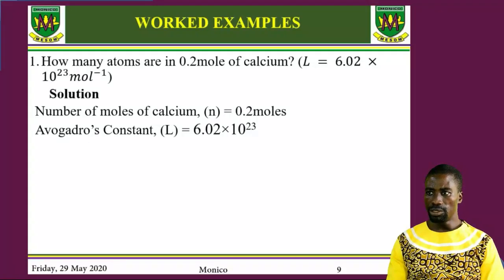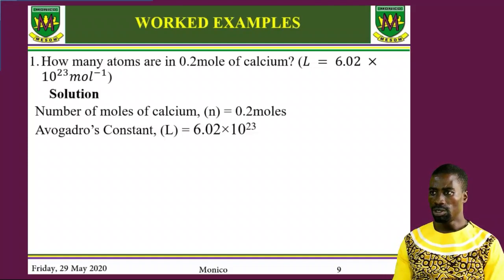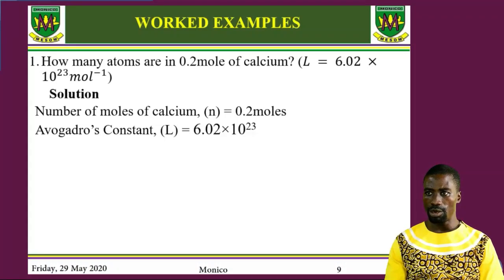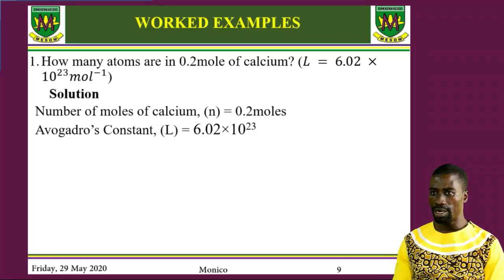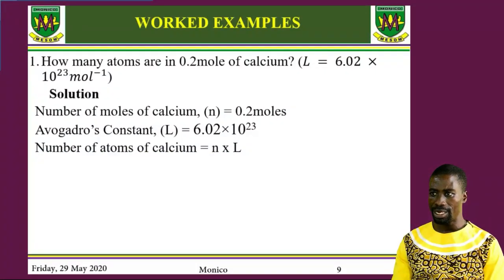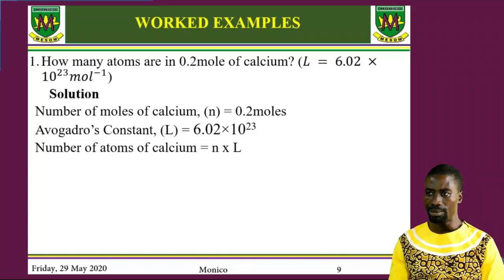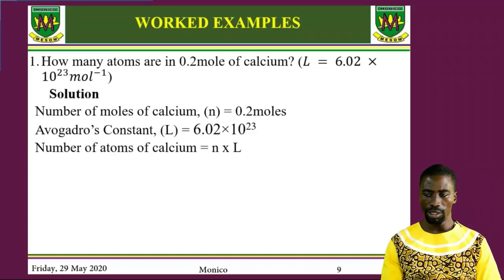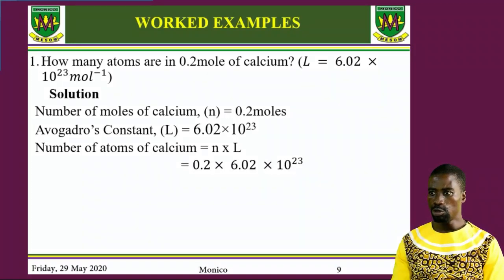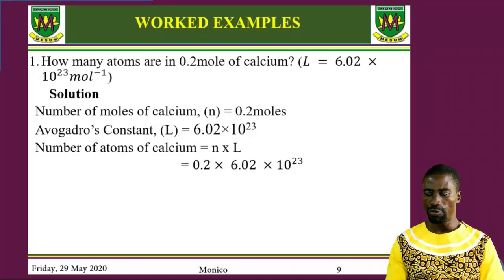And then what do you think will be the relation that we are supposed to use? Now the relationship between these three quantities is that the number of atoms of calcium, which is the capital N, is equal to small n times the Avogadro's constant. And so when we do our substitution, we are going to have 0.2 for the number of moles.